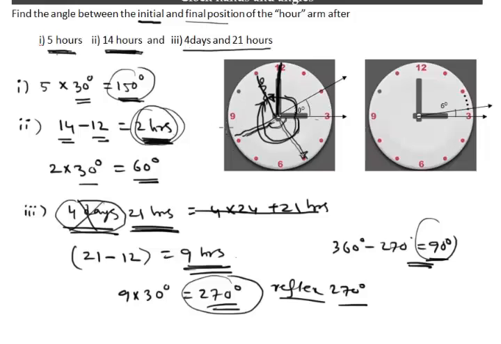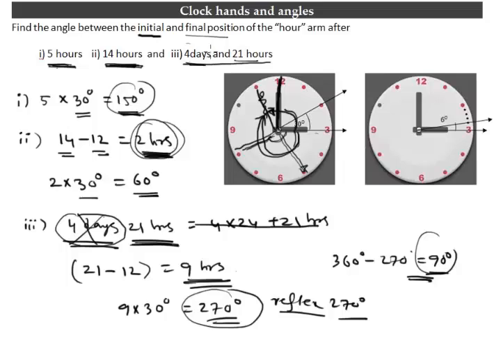If we have days and hours, we just discard the days, because after 1 complete day the hour clock comes back to the same position. We concentrate on the hour part, and if it is greater than 12, we subtract 12 hours, and then multiply the rest of the hours by 30 degrees to get the angle.